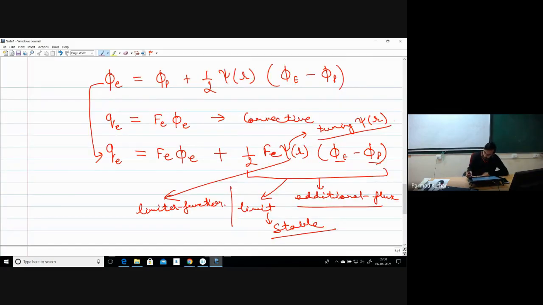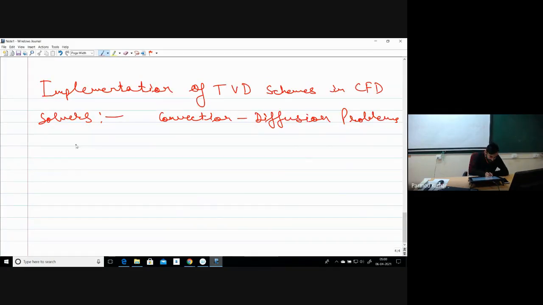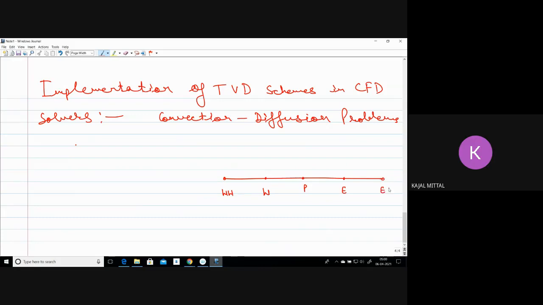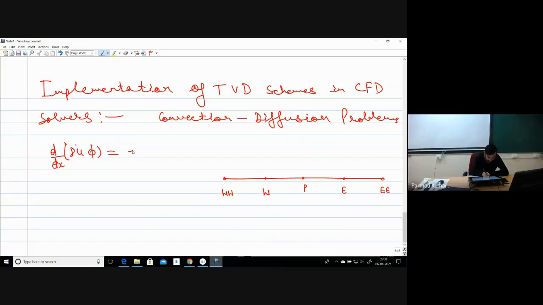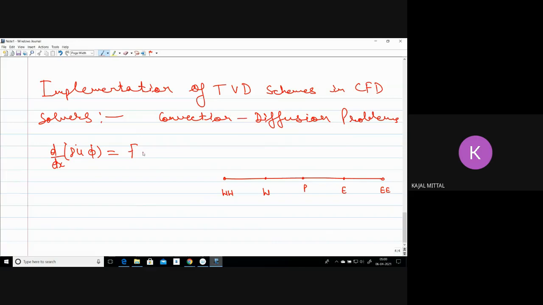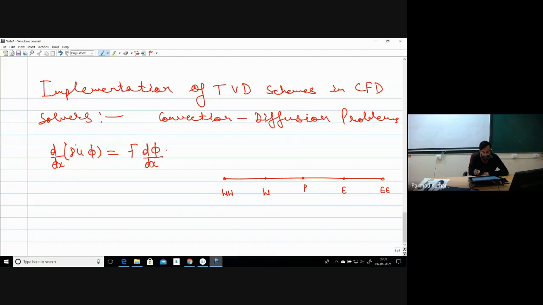What is the equation for convection diffusion problems? Tell me the main governing equation for one-dimensional convection diffusion problems. d by dx of rho u phi equals d by dx of gamma d phi by dx.